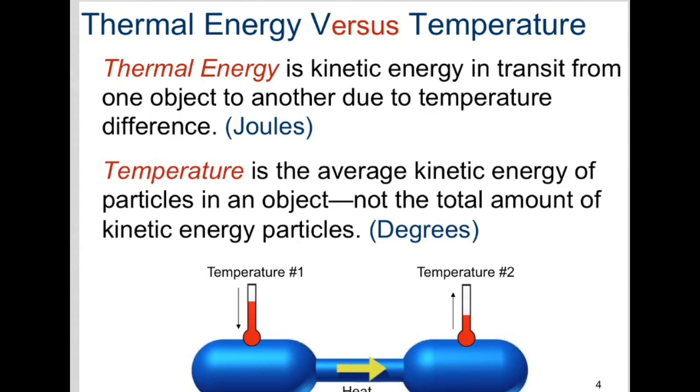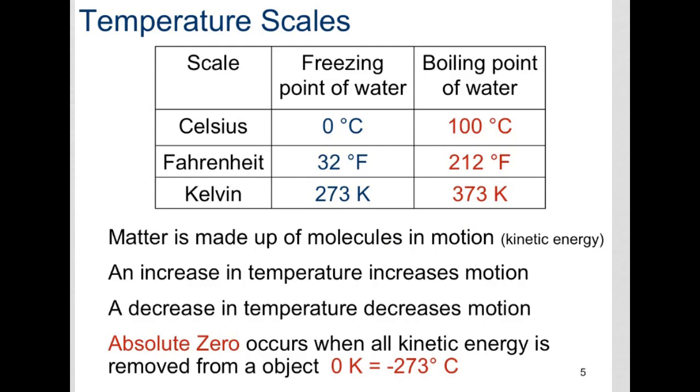There are a couple of different scales that we use to measure temperature. We've all heard of Celsius, where 0 degrees Celsius is the freezing point of water, and 100 degrees Celsius is the boiling point of water. Celsius is nice because 0 is a good starting point and 100 is nice and flat, the boiling point of water.